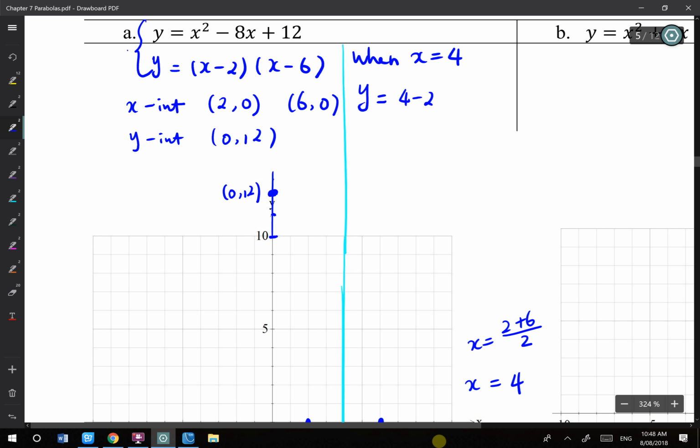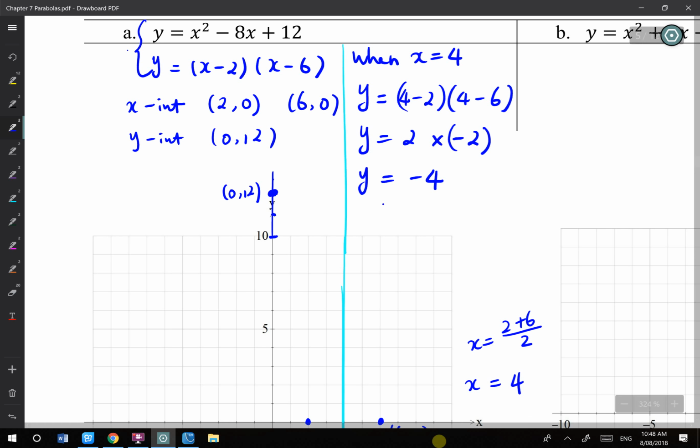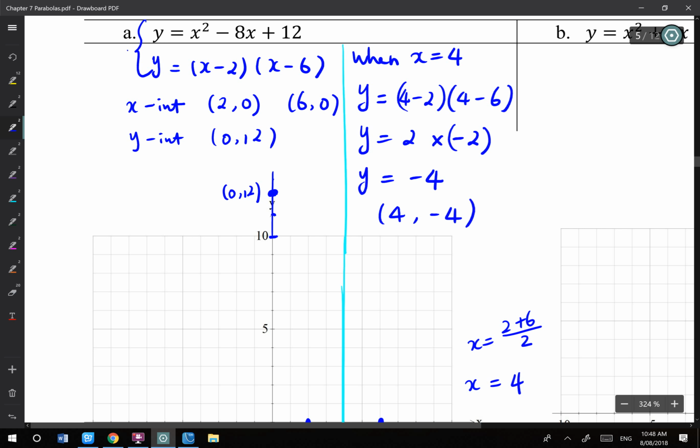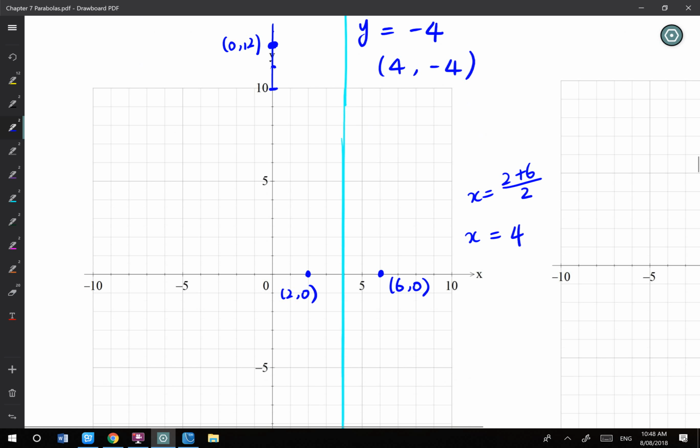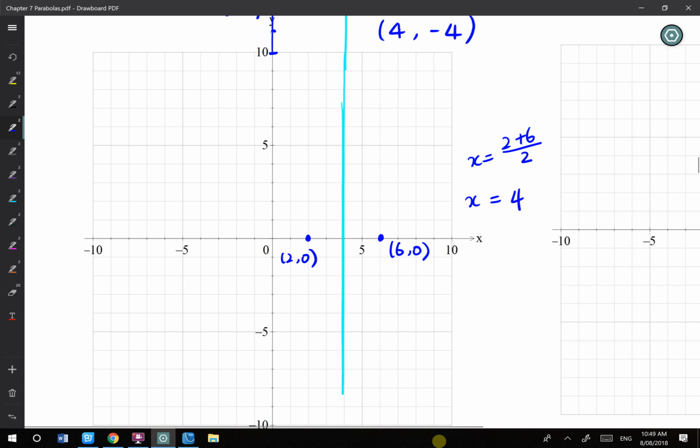So it's 4 minus 2 and 4 minus 6, and y equals negative 4. So the turning point is 4, negative 4, and it's here.